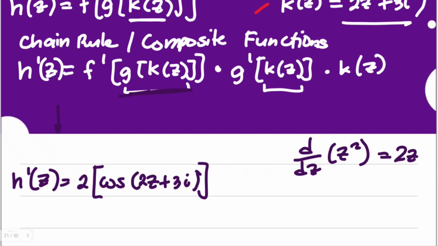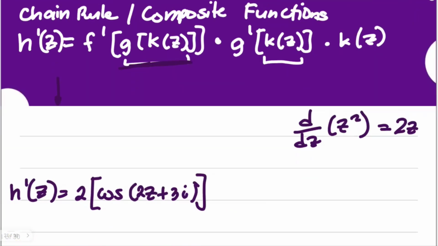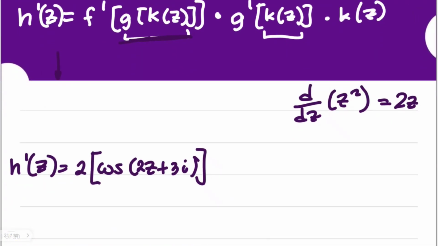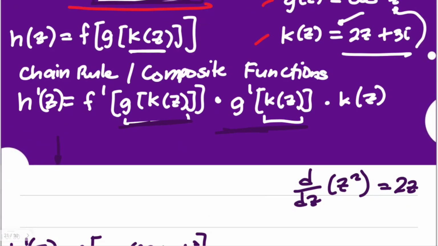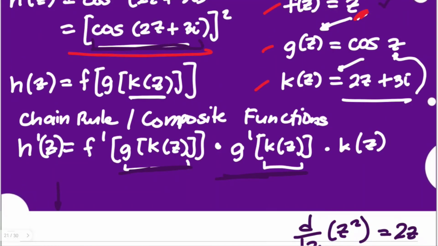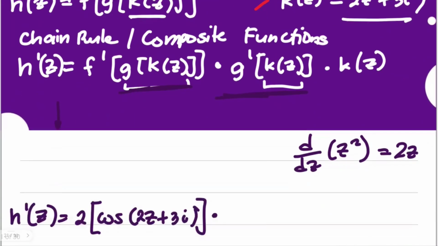Times the derivative of g of k of z. So using this one here, let me arrange them in an order.